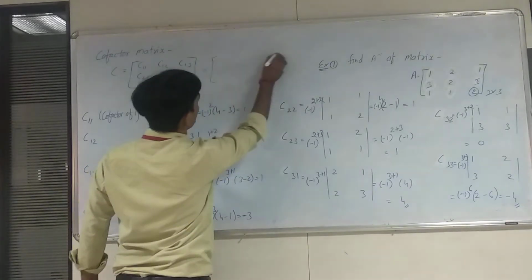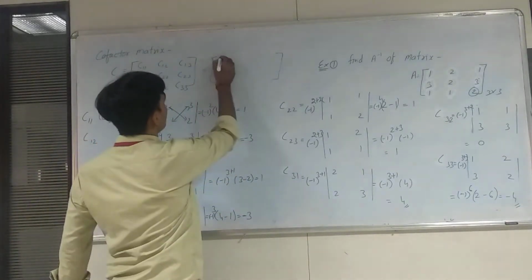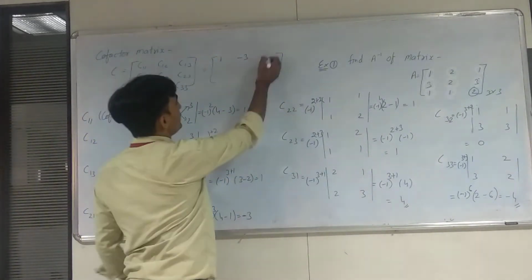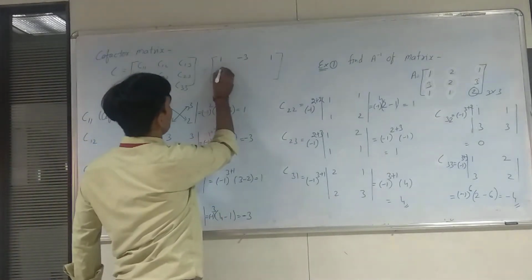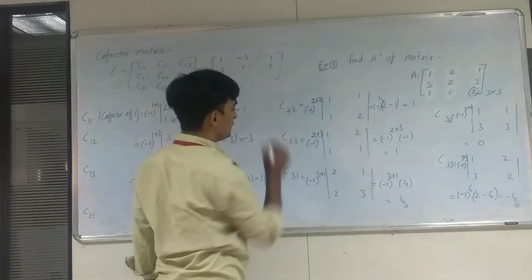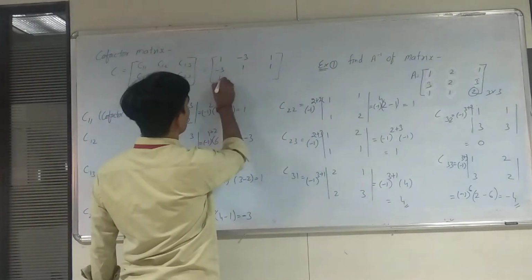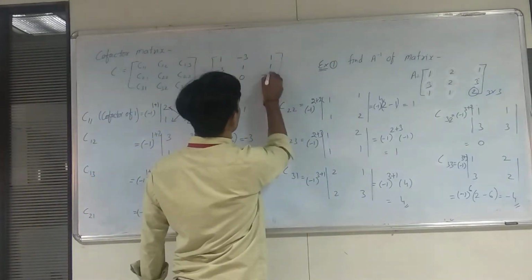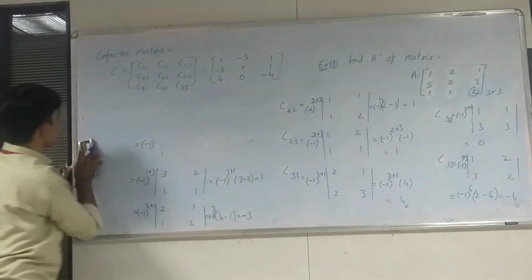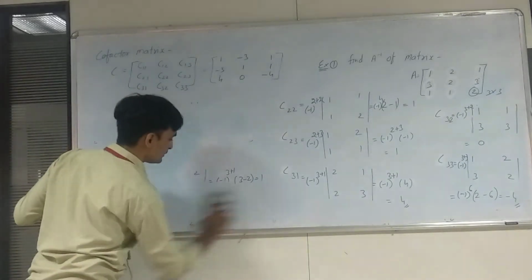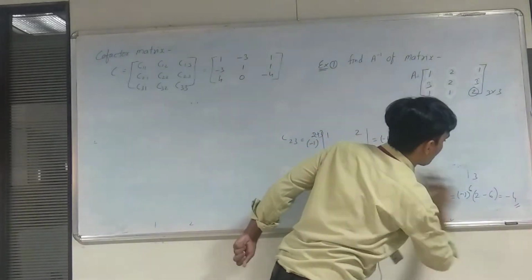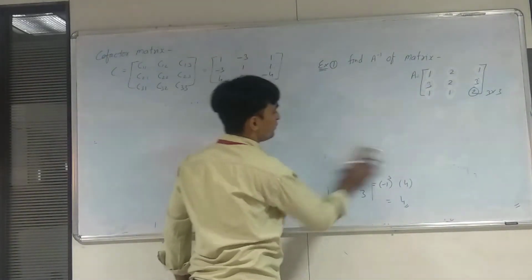So here what we have, C11 it is 1, C12 it is minus 3, C13 it is 1, C21 it is minus 3, C22 it is 1, C23 it is 1, C31 it is 4, 0 and minus 4. This one.